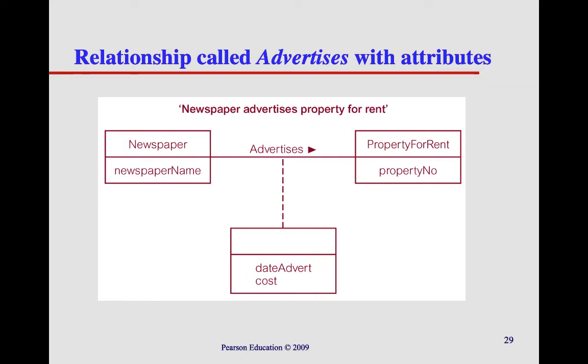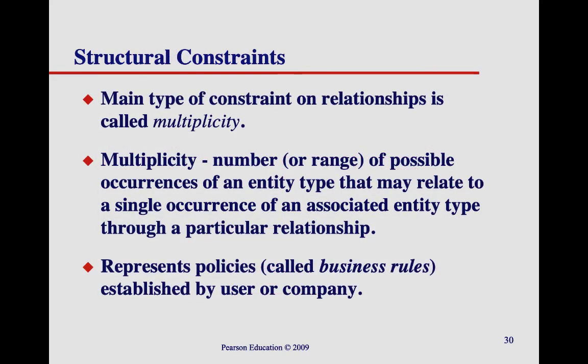Maybe we've decided that we can advertise a property in no more than 3 newspapers, so then we would say 0..3 to indicate that a property can be advertised in at most 3 newspapers. So that is called the multiplicity of a relationship.